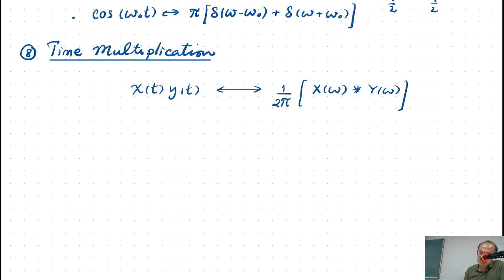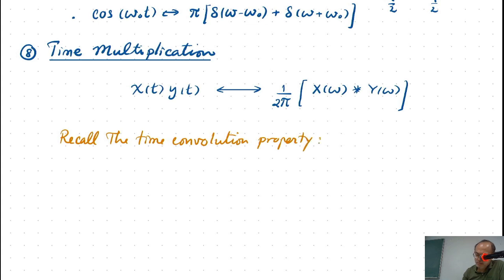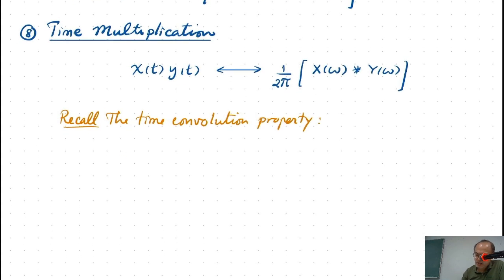If you recall the time convolution property, it states that if we do the time convolution integral between two time signals and we take the Fourier transform, the result will be the product of their Fourier transforms.